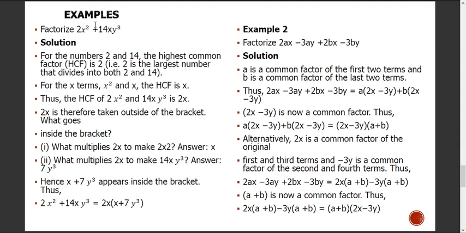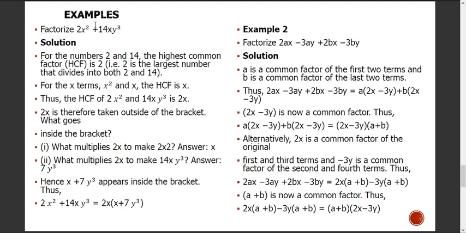We multiply it by x. And what multiplies 2x to make 14xy cubed? We multiply it by 7y cubed. So if we pull out 2x, we shall be left with x plus 7y cubed.